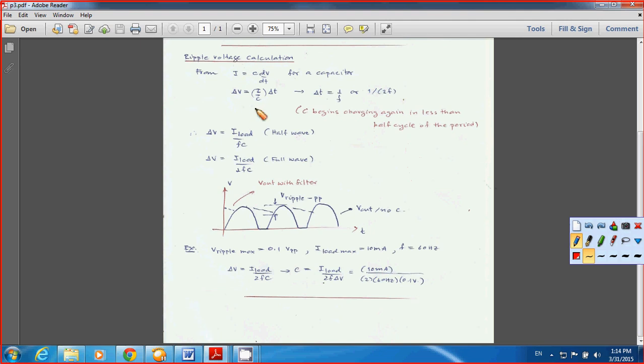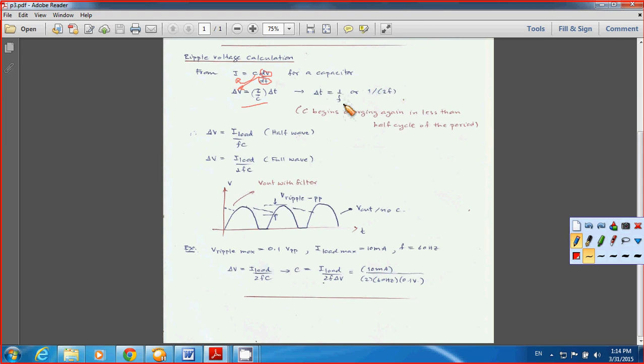So your I_C from the equation I equals C dV by dt, and you can write dV as delta V equals I over C, multiplied by delta T, where delta T is approximately 1 over frequency.